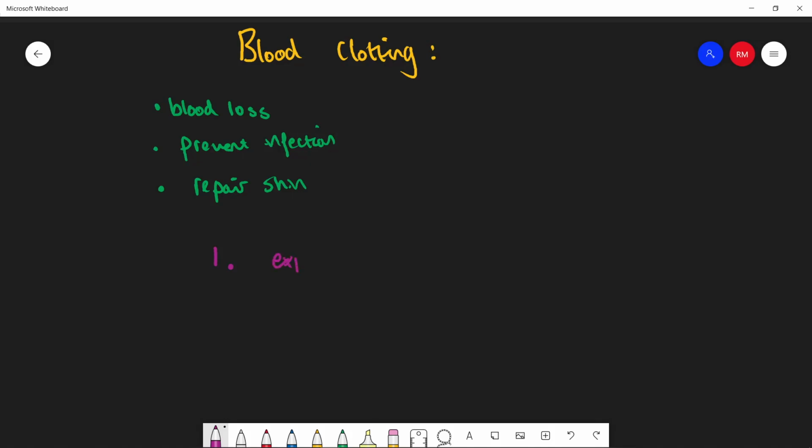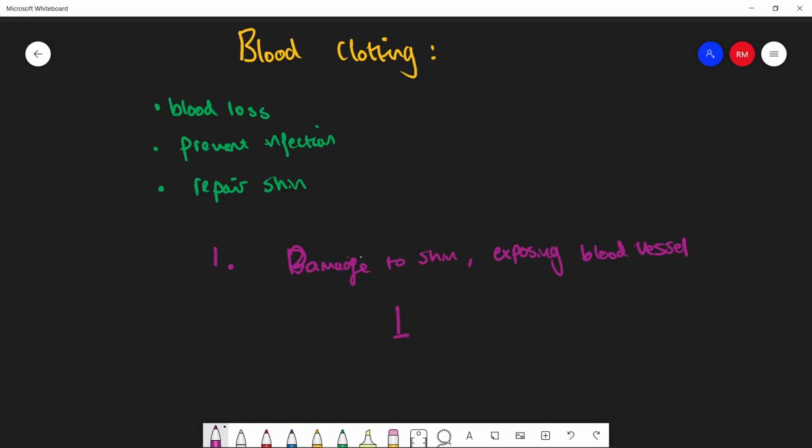We have the exposing skin. So damage to skin, exposing blood vessel.